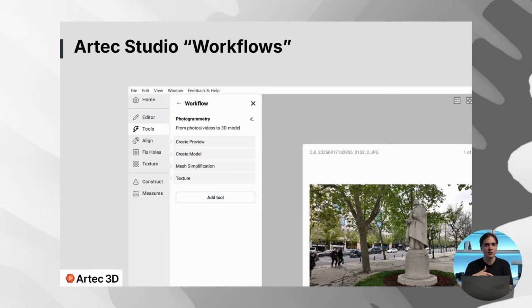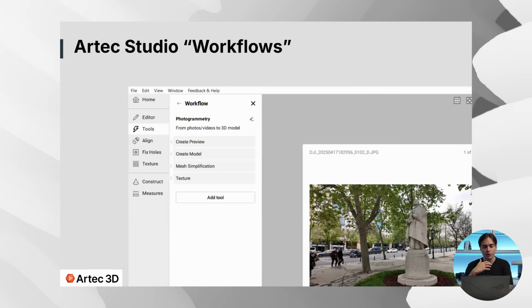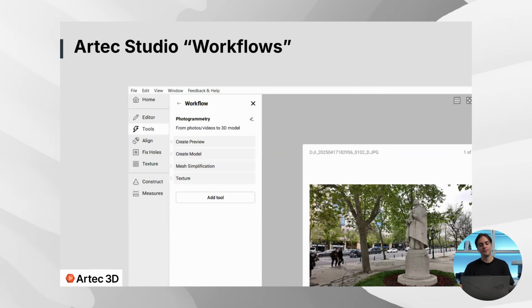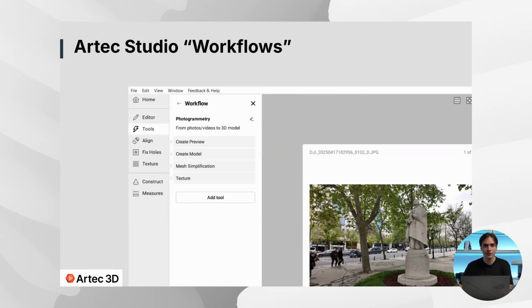This is the whole process, but automated. Basically, in order to run this workflow, all you have to do is import your photos or your video in Artec Studio, and then go to Tools. And at the top, you would find those workflows.